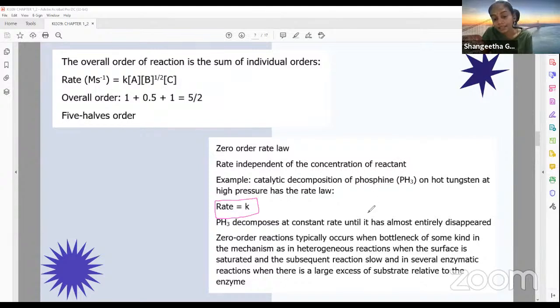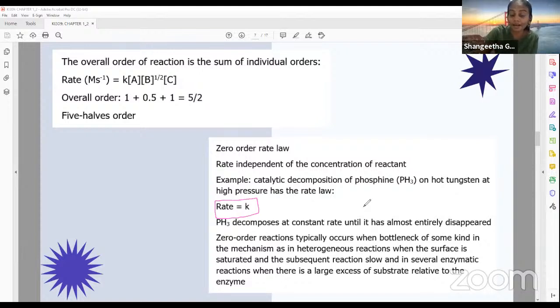Okay, so in other instances, a zero order reaction can also occur when you have heterogeneous reactions. For example, you have a heterogeneous reactant, and it depends on how much reactant is going to saturate the surface. When the surface becomes overly saturated, the subsequent reaction becomes very slow.